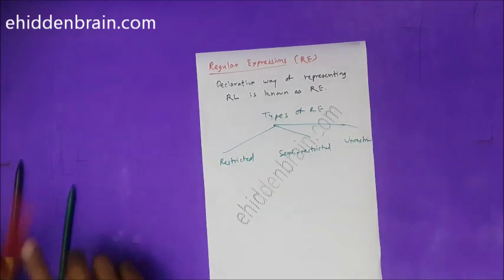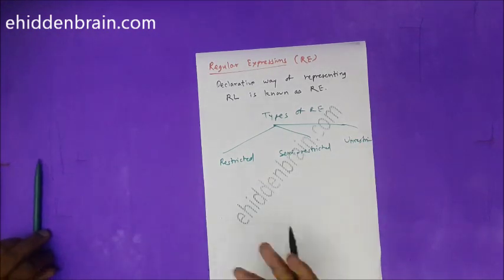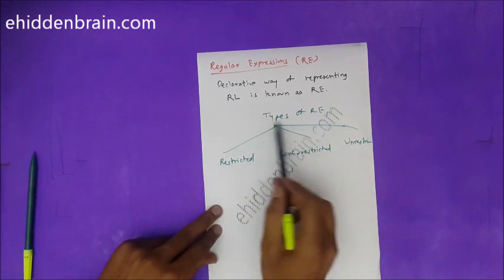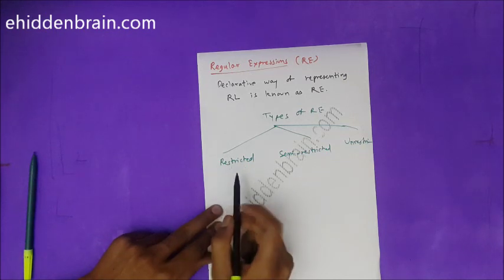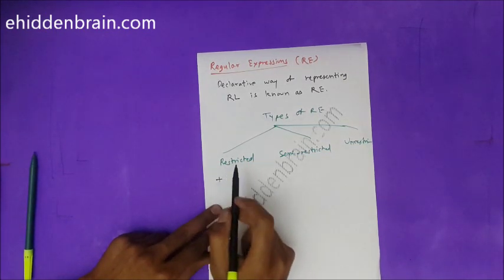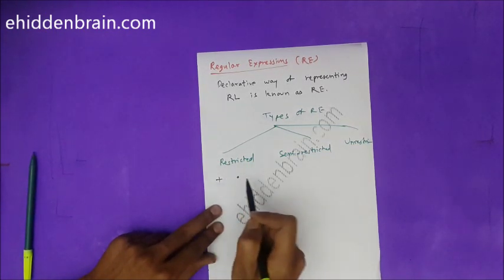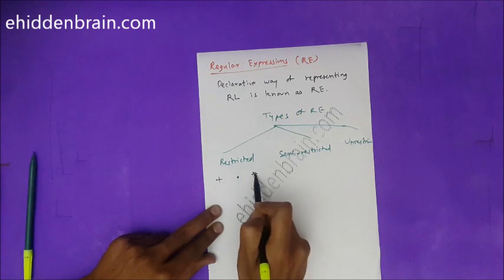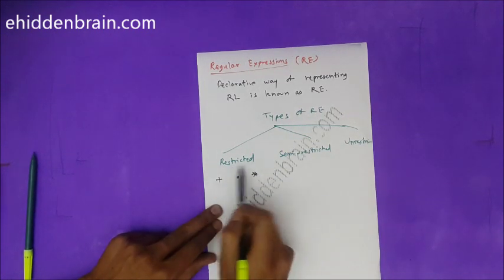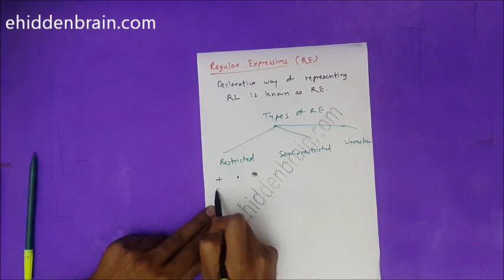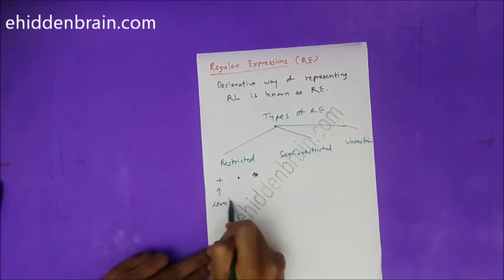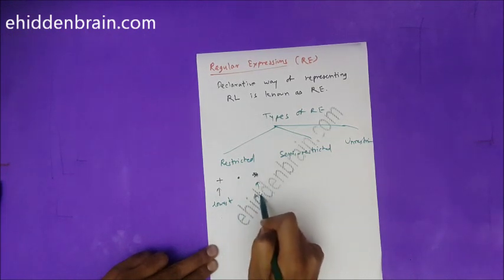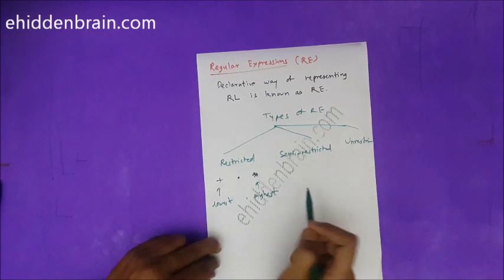Now what is restricted? It depends on how many operators we use. The types are depending on how many operators are there in specific type. So here I will be having the plus as one operator, then I will be having dot also, and then I will be using star operator. So there are three operators I will be using in restricted category. Plus will be having the lowest priority and the star will be having the highest priority, right?